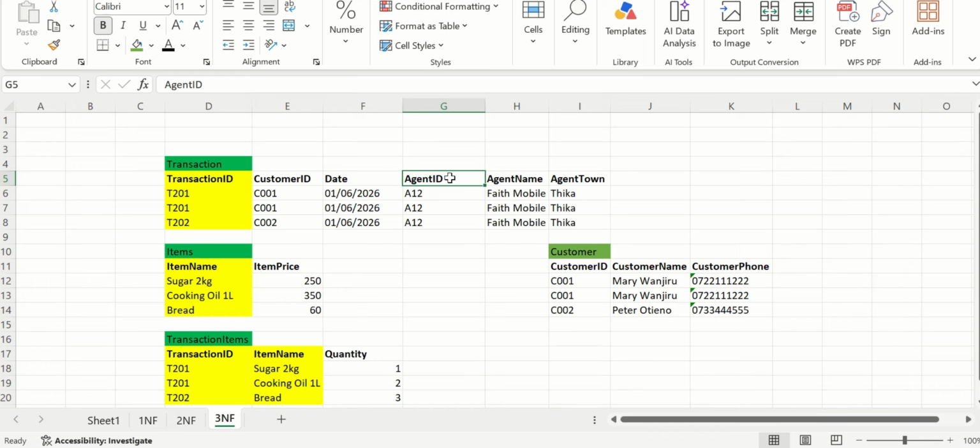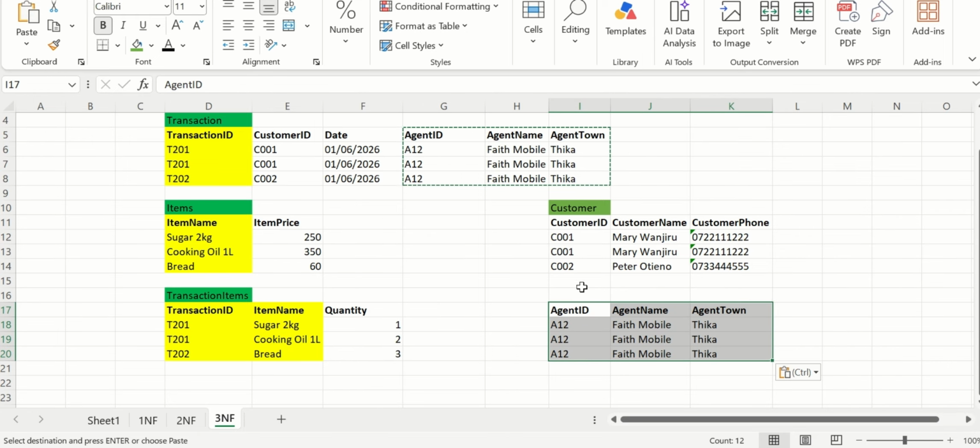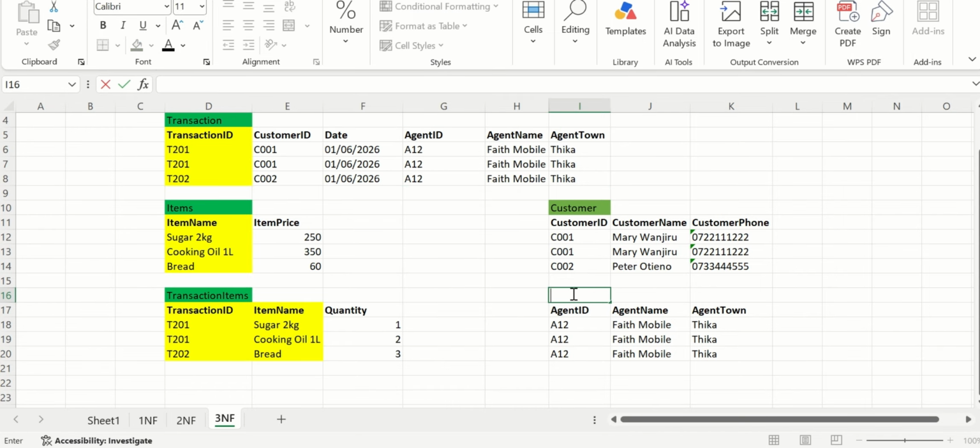So copy, and then you put it here. No, let's put it here. So this one we can call agent, and then this one, customers, and then you remove this from here.